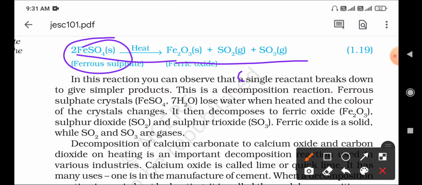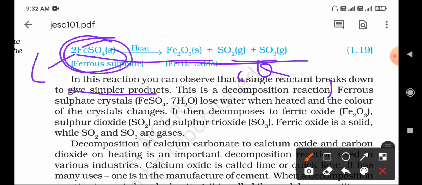A single reactant breaks down to give simpler products, and this is called a decomposition reaction. Again, very important: what is the decomposition reaction? A single reactant breaks down to give simpler products.